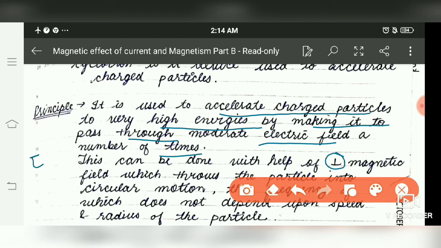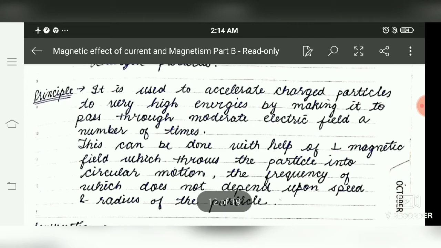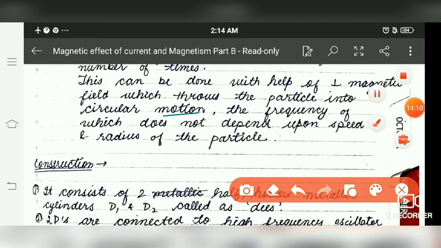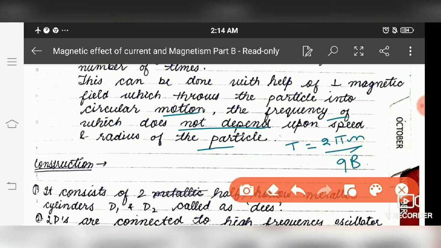Means in this space, electric and magnetic fields are both present, but the magnetic field is acting 90 degrees to the particle motion, so the particle moves in a circular motion, the frequency of which does not depend upon speed, because we know that time period is 2 pi m by qB, as we have recently found, and frequency is 1 by time period, so it is qB by 2 pi m. So it doesn't depend upon velocity.